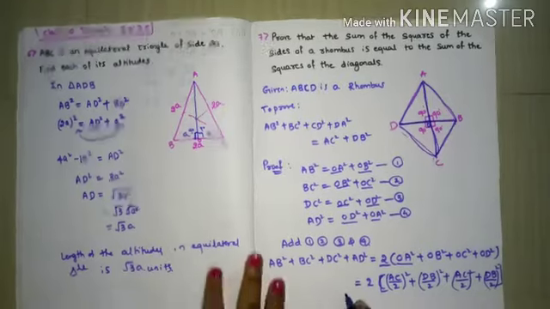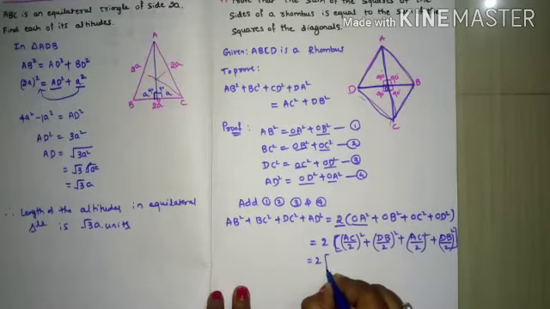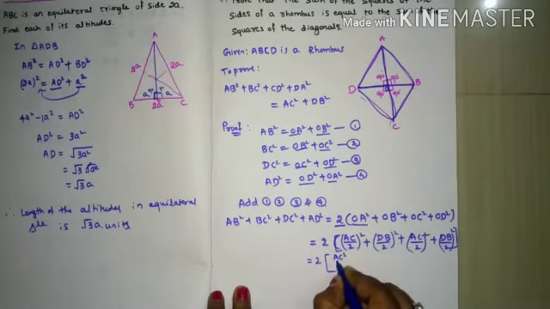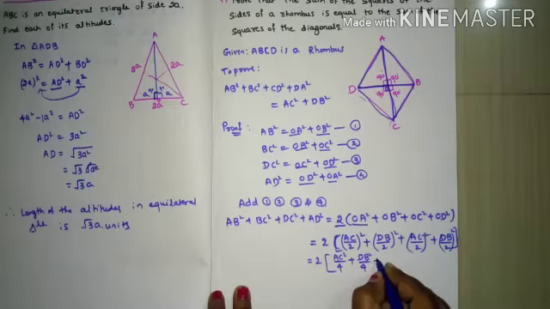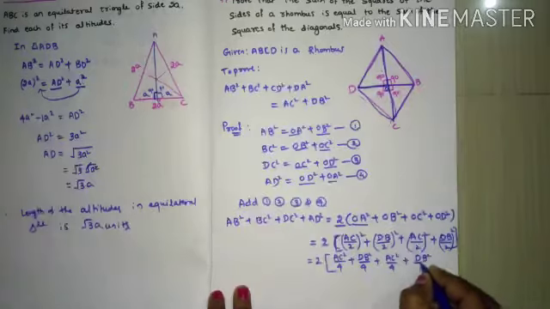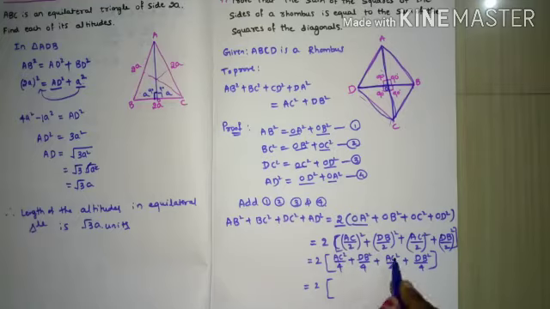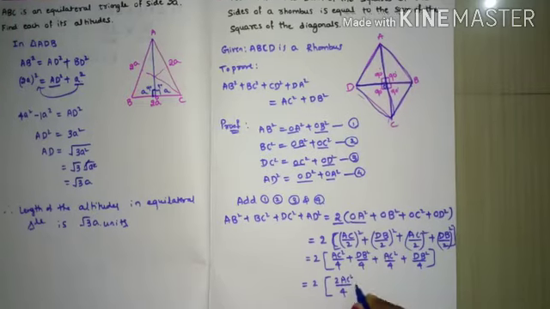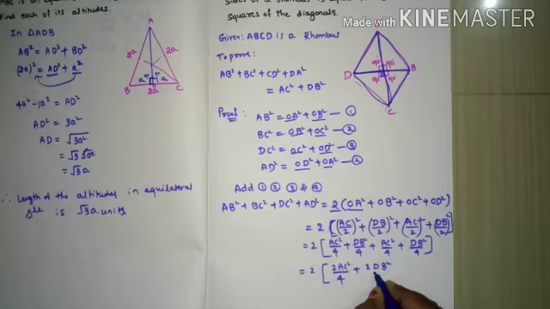Now simplify this. I will write 2 as it is here. AC square becomes AC square by 4, since 2 square is 4. DB square by 4 plus AC square by 4 plus DB square by 4. Now AC square is there two times. If you add these two, the LCM is 4, so it becomes 4 by 4 AC square, plus DB square, two of them, 2 DB square by 4.